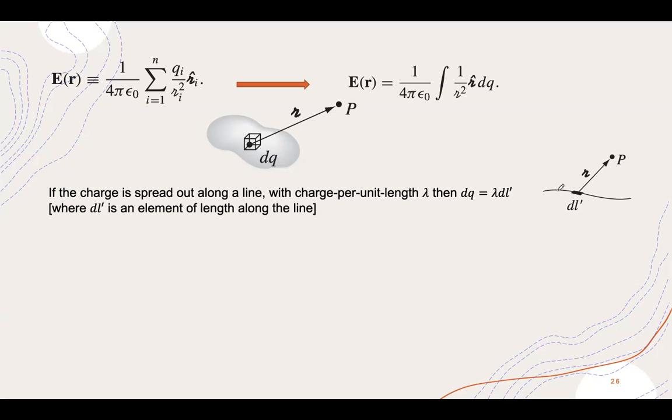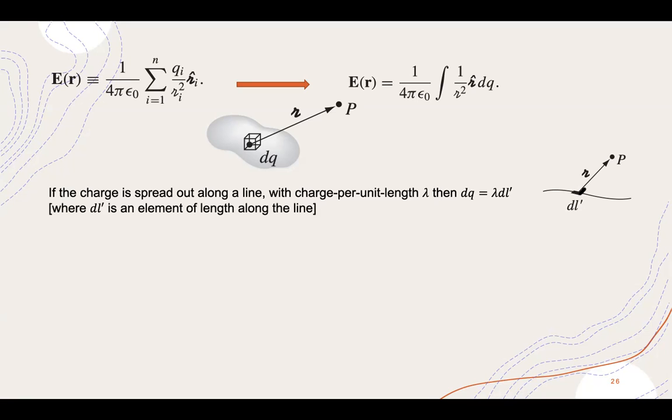So this is the continuous distribution of line charge. The charge is spread out throughout the wire; you can assume the wire is a straight line. If the charge per unit length lambda is given, you can always take an element of this line of length dl prime.